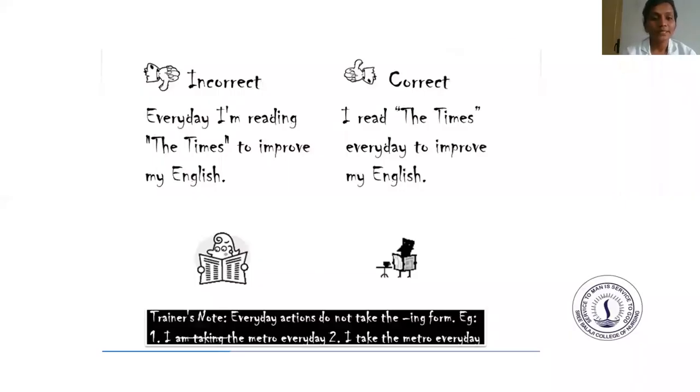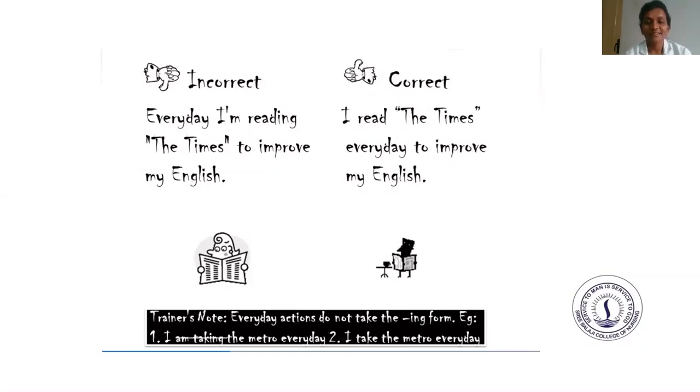Every day I'm reading the Times to improve my English. But the correct form is, I read the Times every day to improve my English. So everyday actions do not take the ing form. Example, I'm taking the metro every day.